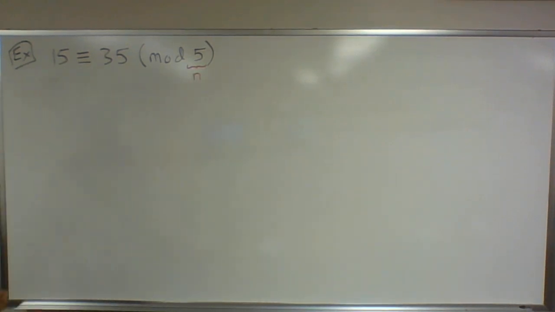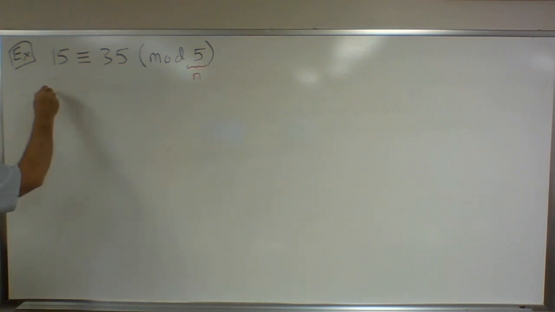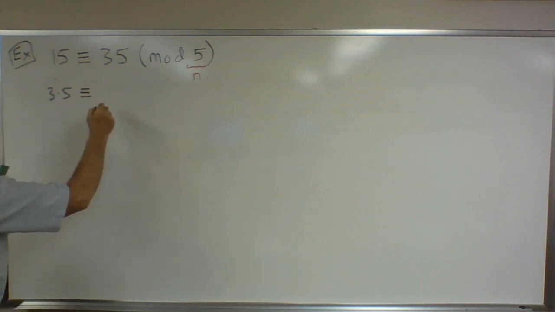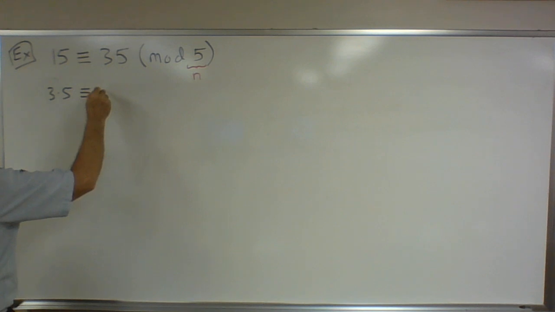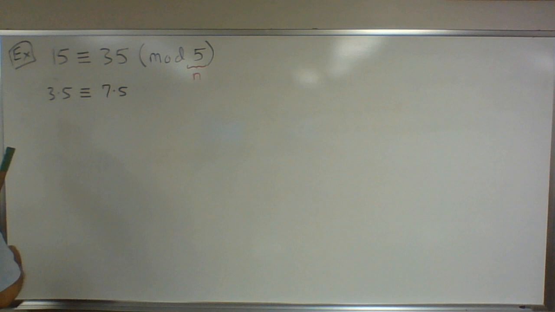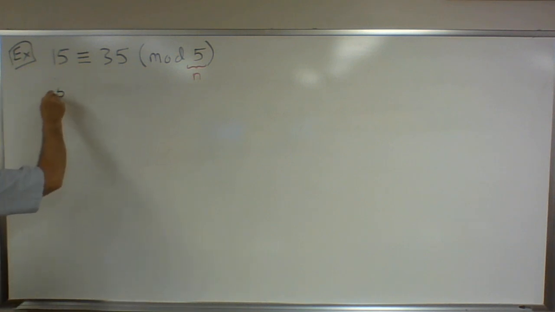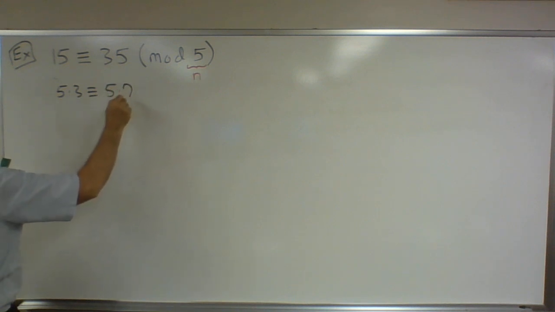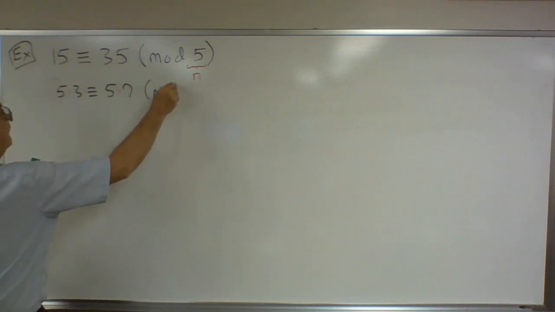Mod 5. And notice what we have here. This is 3 times 5, congruent to 7 times 5. And let me rewrite that so that the 5 is out front. 5 times 3, congruent to 5 times 7, mod 5.